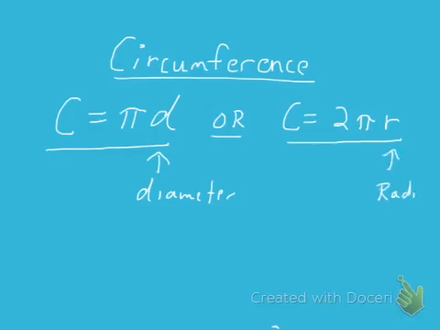The reason you can use either one of these is because 2 times the radius equals the diameter, so that makes both of these formulas the same thing. Okay, copy this in your notes and then continue. And of course for pi, we are going to use 3.14. I know your calculators have a pi key, but I prefer you to use 3.14.